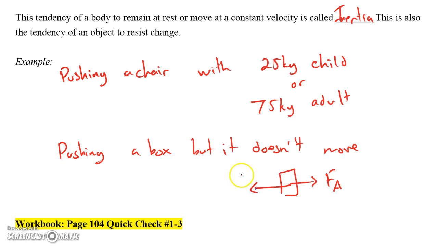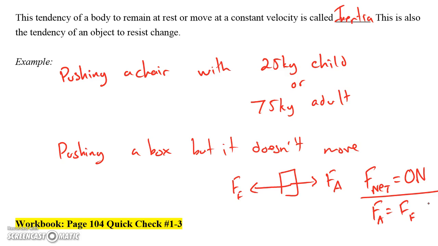So that must be that there's a friction force stopping it, and Newton's first law is always that the F net is 0, which means F applied has to equal F friction. If those two forces balance each other, then we have no motion and the object stays at the position it is in. So there's a couple of workbook questions there.